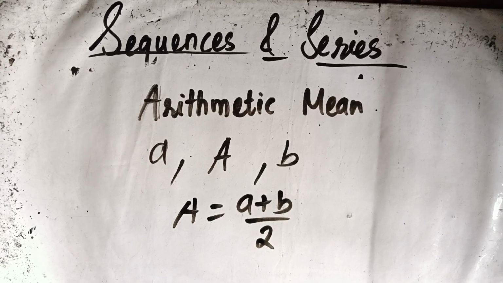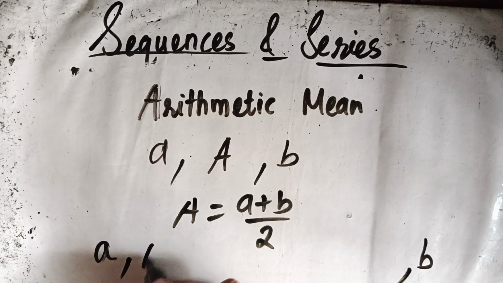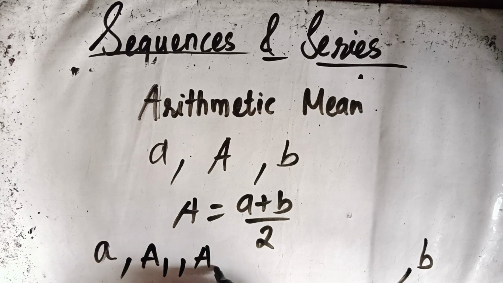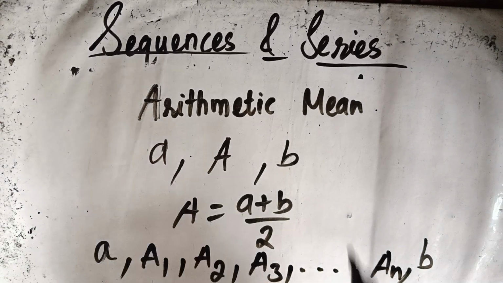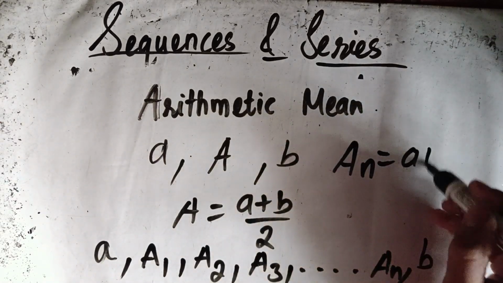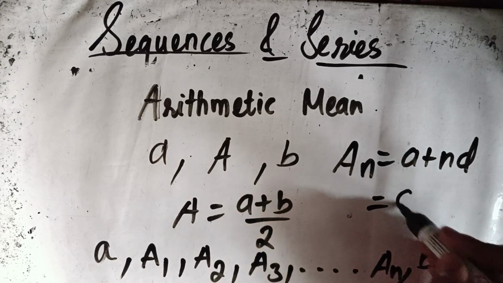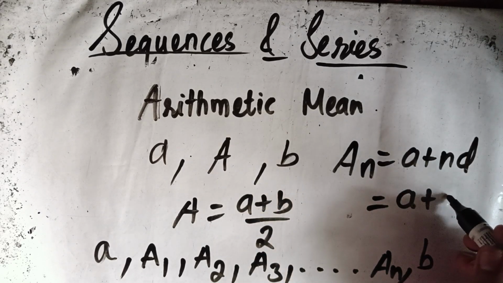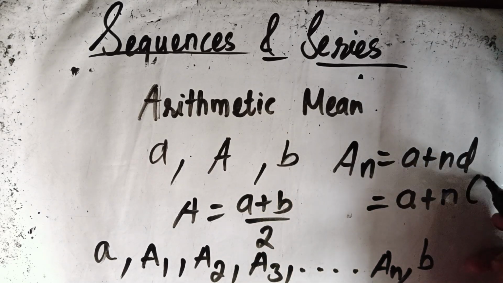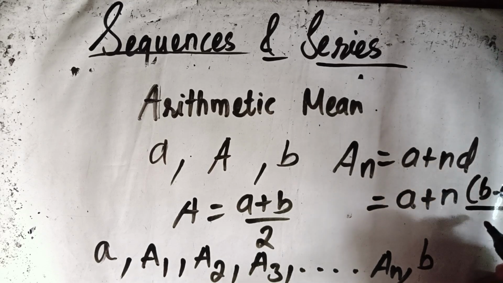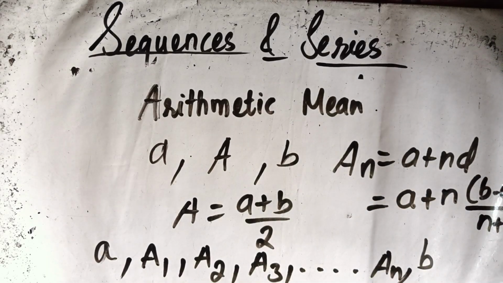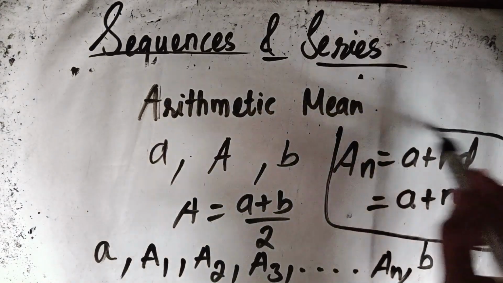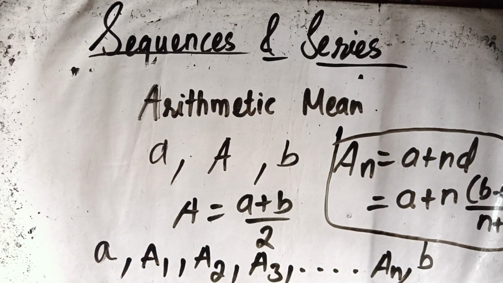If you have a sequence, where A is the first term and B is the last term, the numbers in between, that is the arithmetic means, are given by A1, A2, A3 till AN. And this AN is written as A plus ND, where D is given by B minus A upon N plus 1. So this is the formula for arithmetic mean.